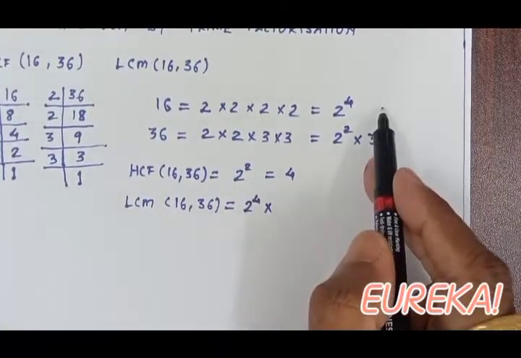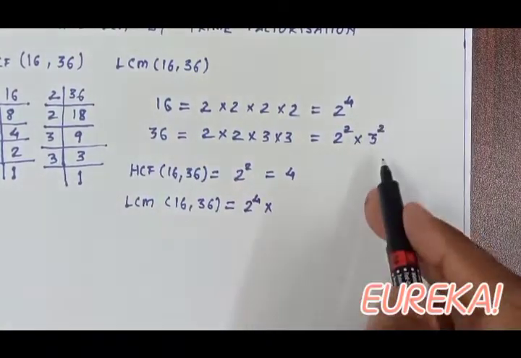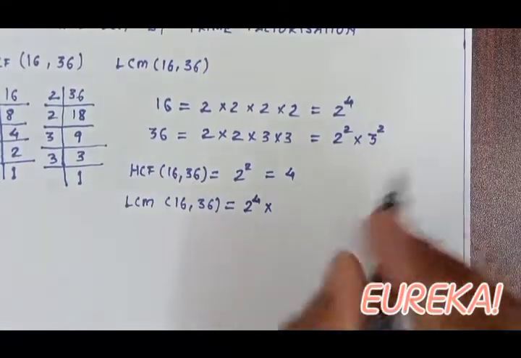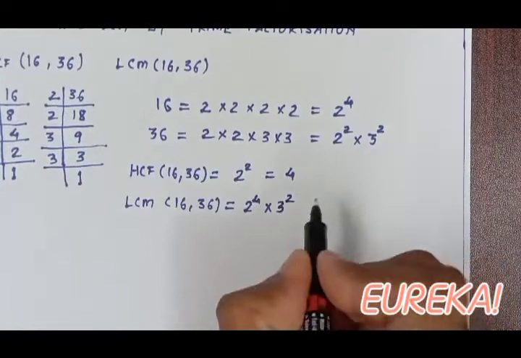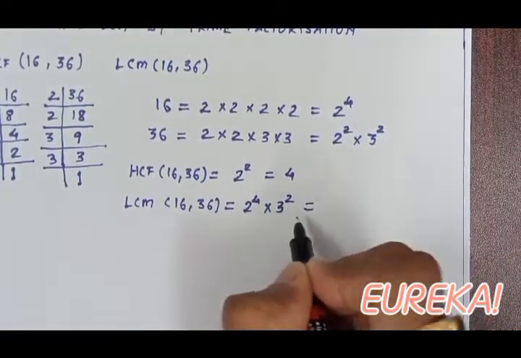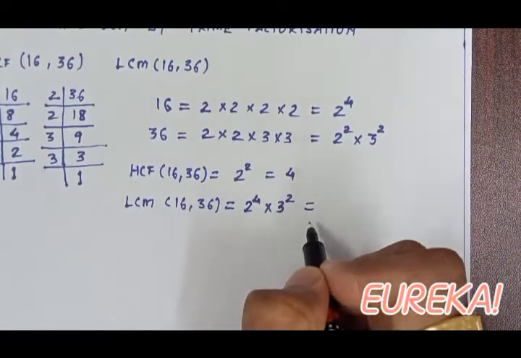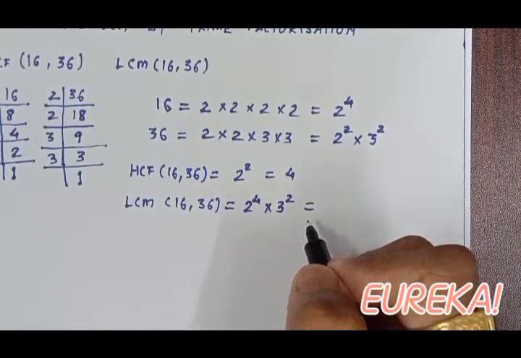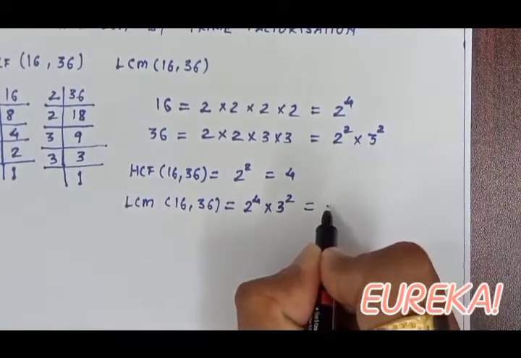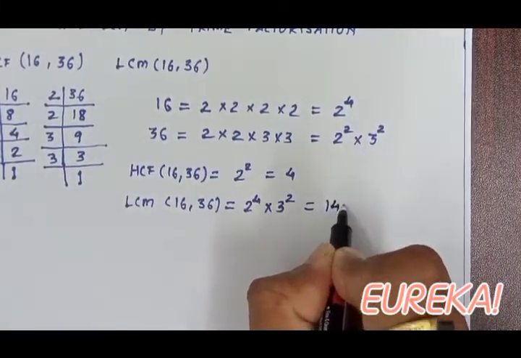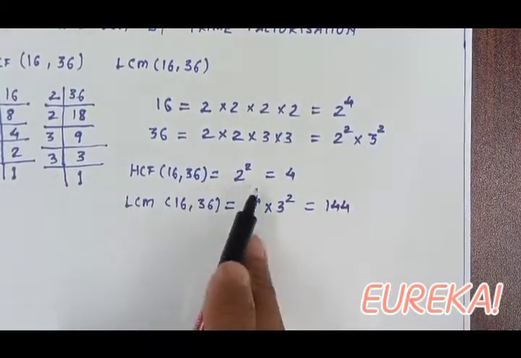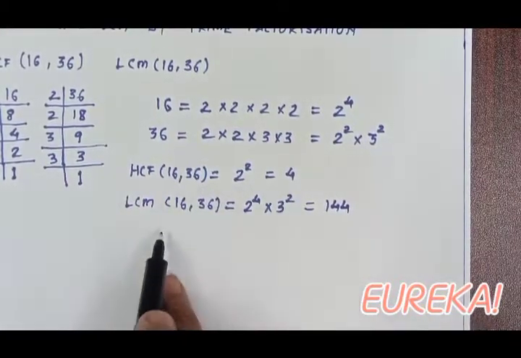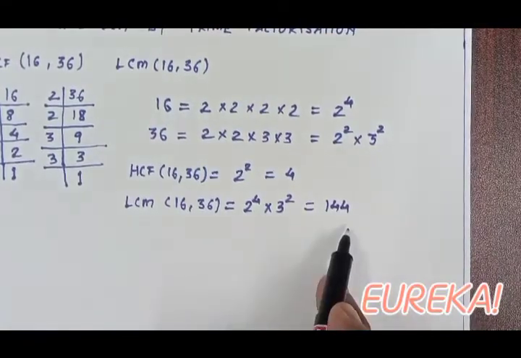And 3 is not there in the factorization of 16, but it is there in 36 and its power is 2, so we'll consider 3 raised to 2. So 2 raised to 4 into 3 raised to 2 gives us 144. So the HCF of 16 and 36 is 4, whereas the LCM of 16 and 36 is 144. Clear?